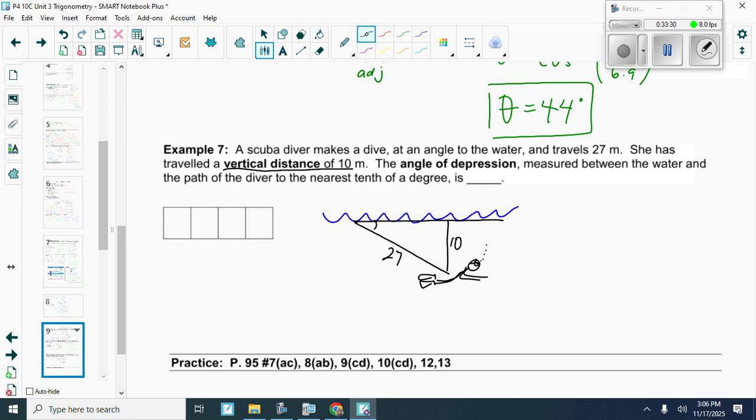This time, because we're looking down from the water, this angle is now called the angle of depression, because we're starting off at the horizontal level and we look down. It's just a name for an angle. So this is the angle of depression.